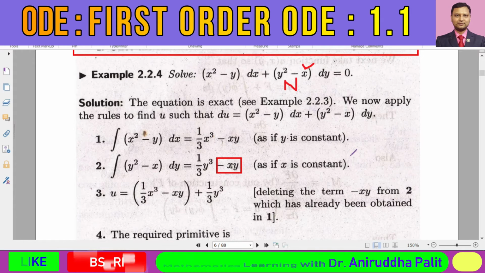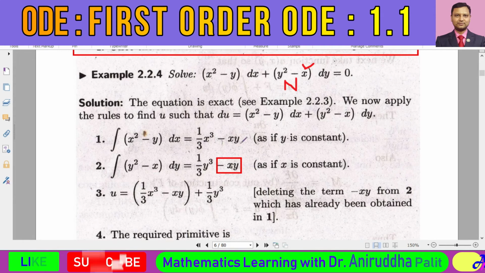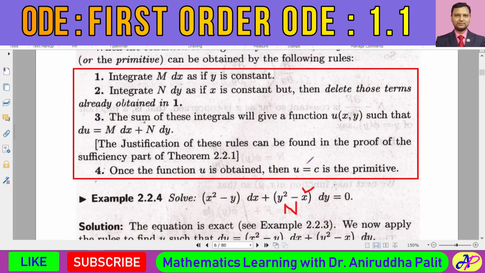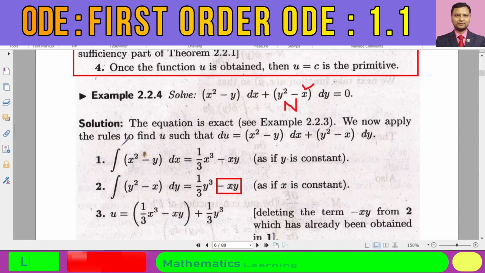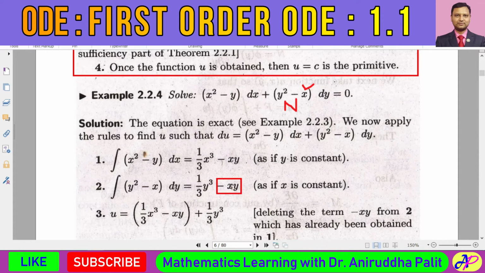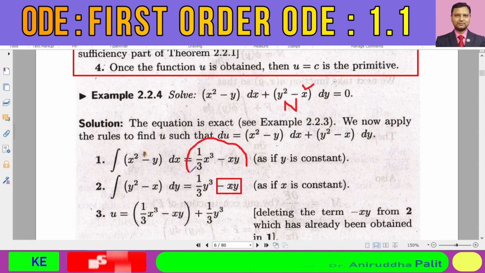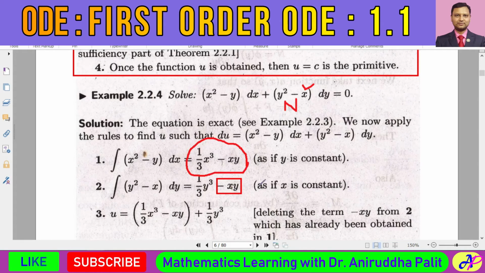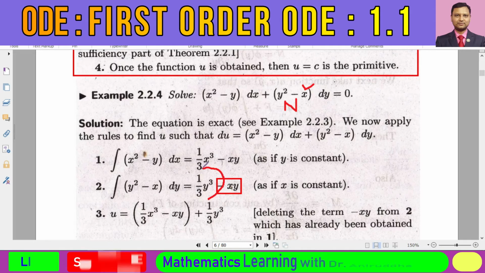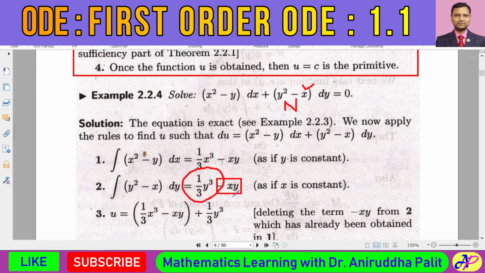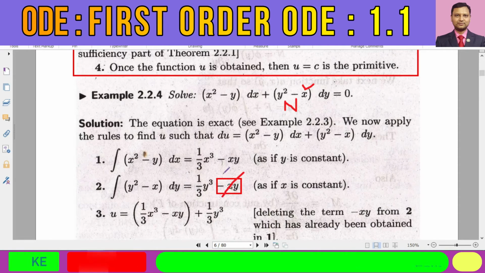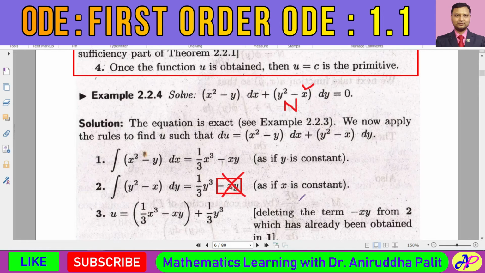Got it? So now we need to combine these 2 steps. We need to sum up the result obtained in step number 1 and the result obtained in step number 2, neglecting these common terms that we already had obtained in the first step.